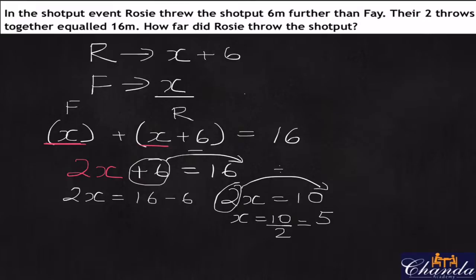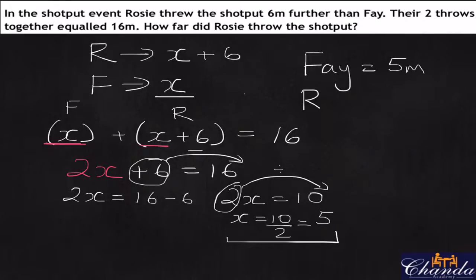So the question is, how far did Rosie throw the shot put? So x, guys, is the number that we found, is for Faye. So Faye did throw 5 meters. Rosie, on the other hand, threw 6 meters further. So she threw 5 plus 6, which is 11 meters. And we can double check our answer, because it says together they equaled 16 meters.